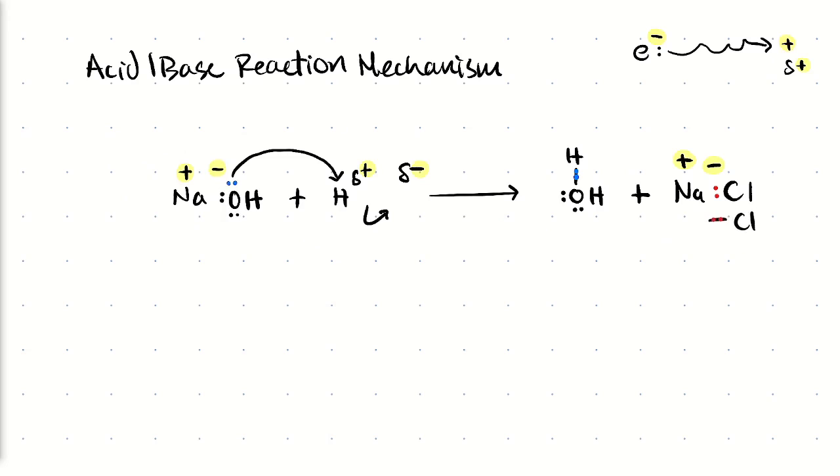So now it's got those 2 electrons, and that's how you end up with NaCl. So this is an arrow pushing mechanism, and you'll see a lot of these in organic chemistry. They just get a little bit fancier, but overall this is called a proton transfer step. Proton transfer. Cool, that's it.